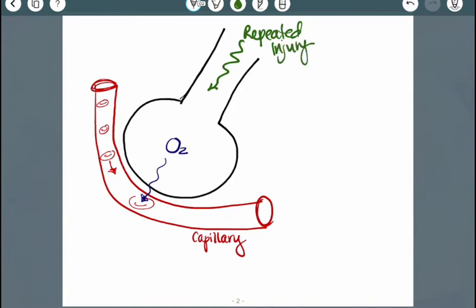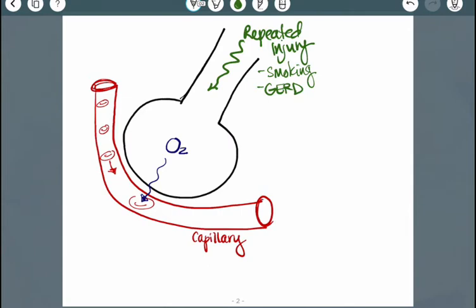And by repeated injury, I mean a good example could be that you're a smoker. So smoking could be a repeated injury to your lung that could lead to the steps that we're about to describe for pulmonary fibrosis. GERD, gastroesophageal reflux disease, is when stomach acid can reflux up into the esophagus. When that happens, bits of stomach acid can actually get aspirated or breathed into your lungs. So repeated exposure to even small amounts of stomach acid in your lung can over time be a source of repeated injury.